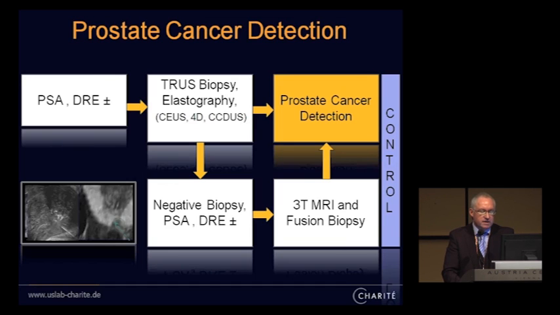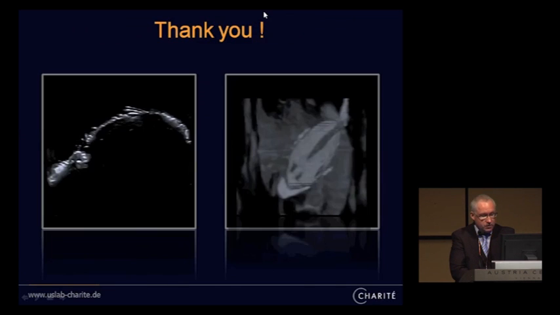And that's a good idea. If there is no problem, you have to be in a controlled situation. If there is a problem, you can use this for fusion biopsy based on ultrasound. And last but not least, hopefully for the future, we have a higher detection rate, and it's better for prostate cancer detection. So therefore, I have to say thank you so much.